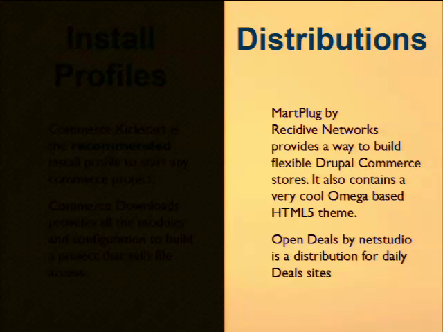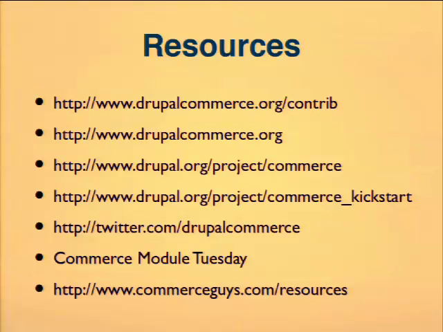Marketplug is a ready-to-use Drupal Commerce distribution with a beautiful Omega HTML5 theme. And Open Deals is a daily deals, Groupon-like distribution. There will be many more. And okay, so general resources: the DrupalCommerce.org website, where we have a contrib listing.